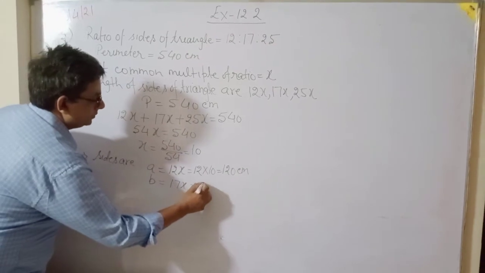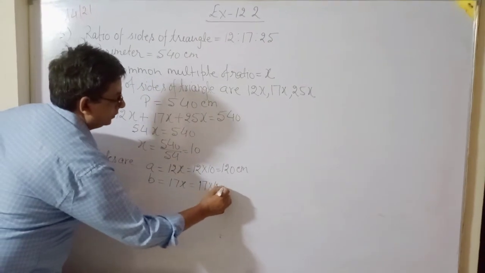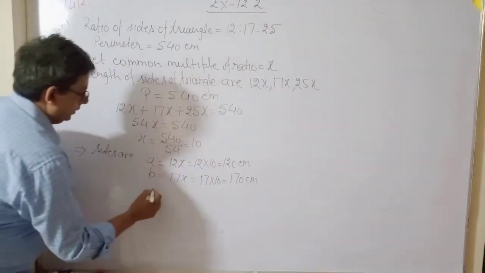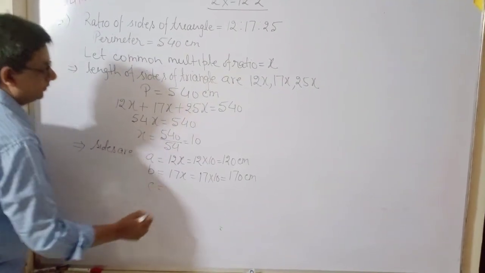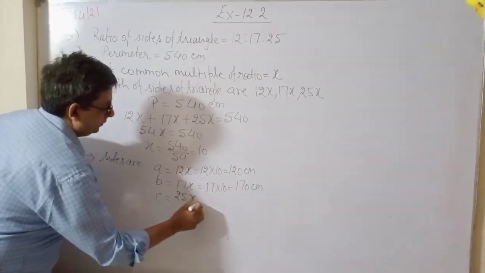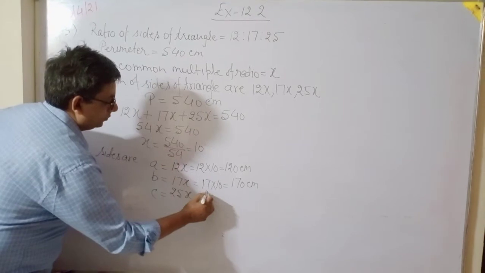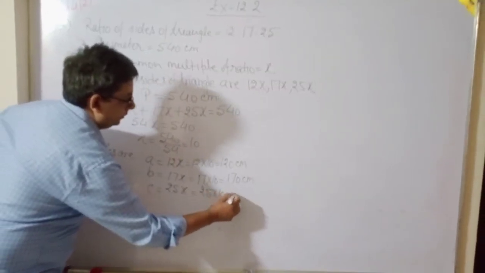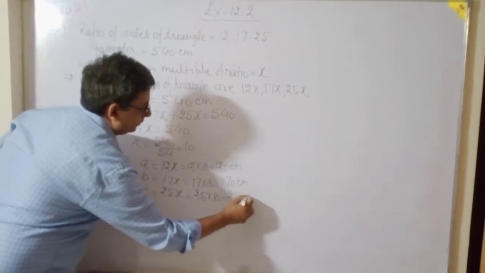Take it as 17 into 10, that is 170 centimeter. And the next one, C equals 25x. It will be 25 multiplied by 10, it will be 250 centimeter.